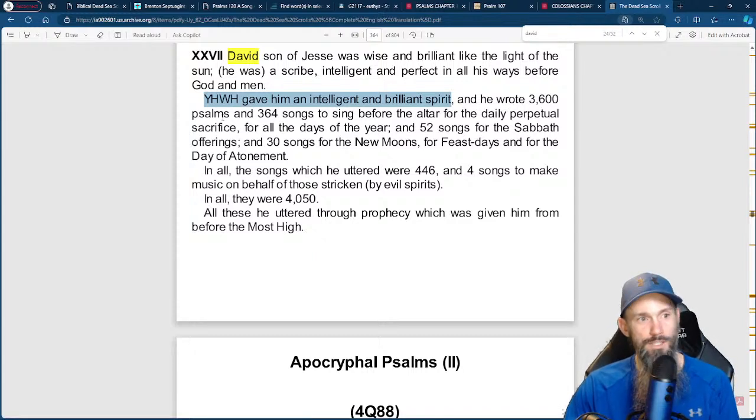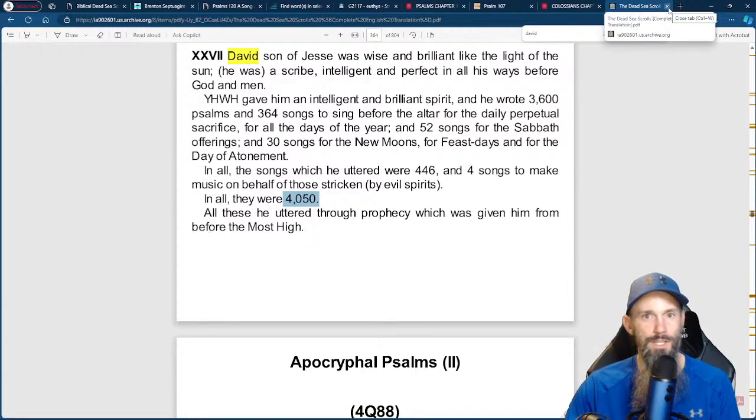And he wrote 3,600 psalms, 364 songs to sing before the altar for the daily perpetual sacrifice for all the days of the year, and 52 songs for the Sabbath offerings, and 30 songs for the new months, not moons, months, for feast days and for the Day of Atonement. And all the songs which he uttered were 446, and 4 songs to make music on behalf of those stricken by evil spirits. In all there were 4,050. All these he uttered through prophecy which was given him from before the Most High. Again, that's Geza Vermes' Dead Sea Scrolls translation.